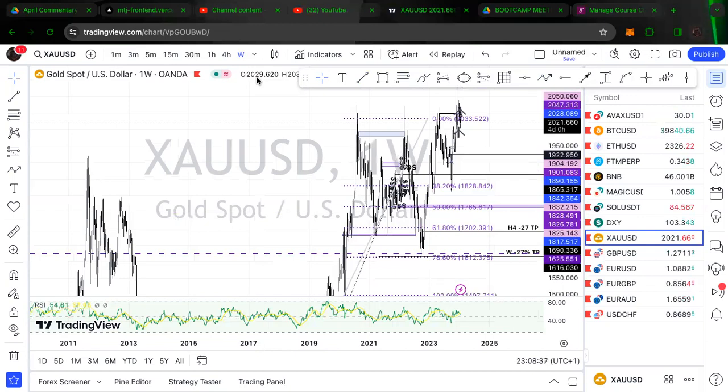For the EMAs, we have what we call the death cross. This one, I won't talk about it at all, but I'd like you to go and do your research on the death cross and golden cross. I'll give you an insight into it.